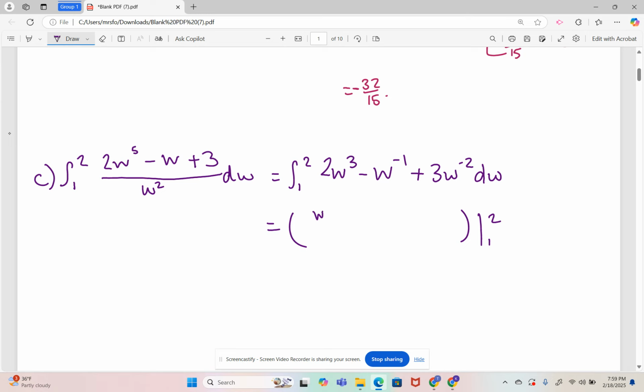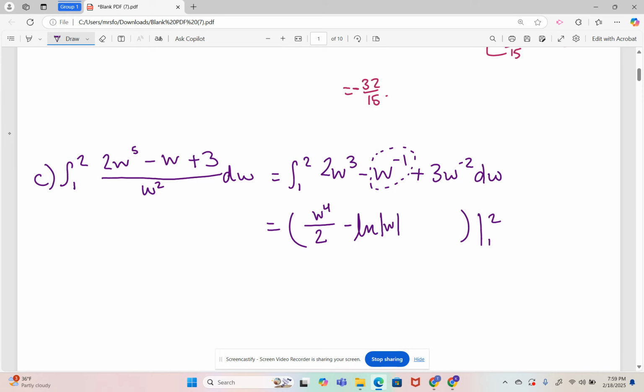So w to the 4th, if I divide by the 4, that 2 would go away and our denominator would be 2. Looking here at w to the power of negative 1, that gives us the natural log of w.